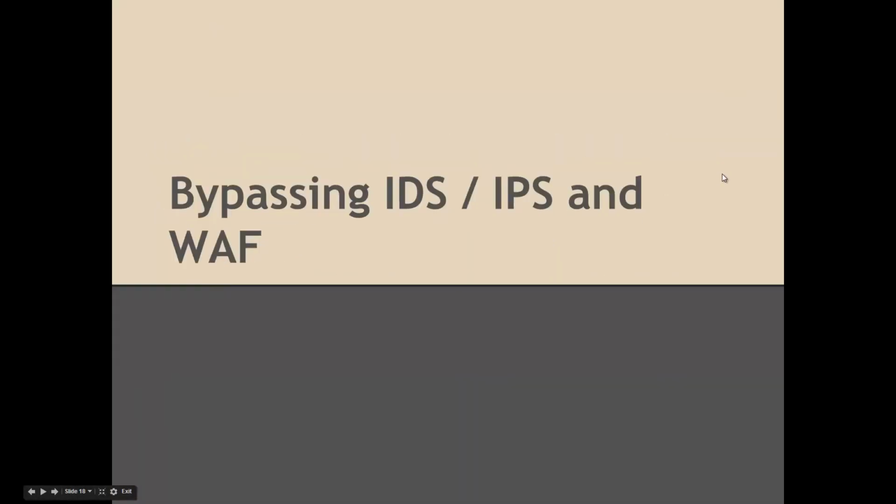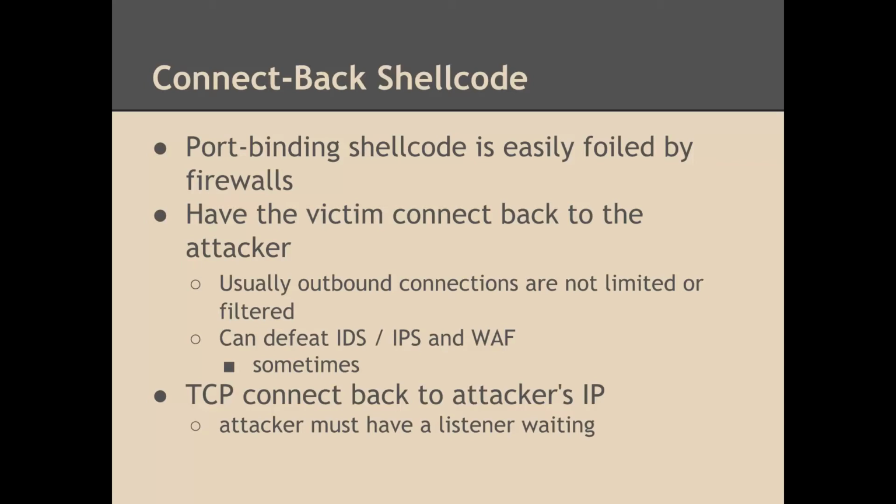We're going to talk now about bypassing intrusion detection systems and prevention systems, and then finally web application firewalls. We're going to revisit the shellcode lectures. So we talked about port binding shellcode and discussed how it's easily foiled by firewalls and easily foiled by NATs.